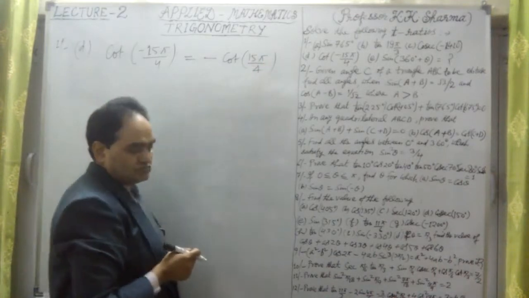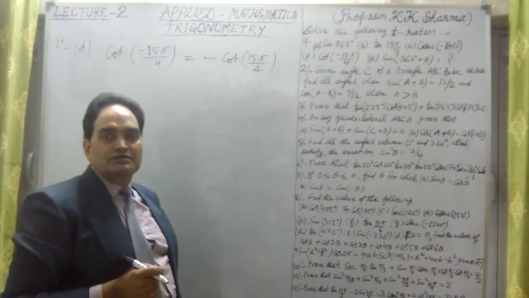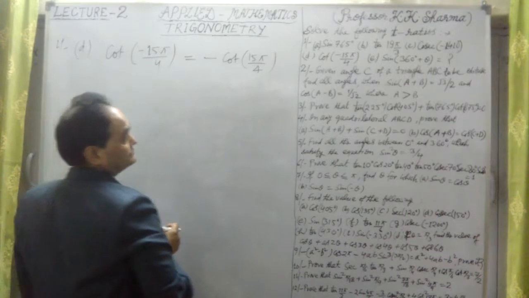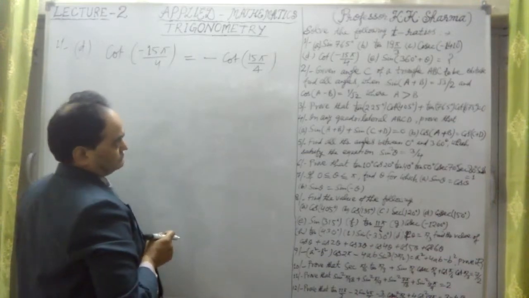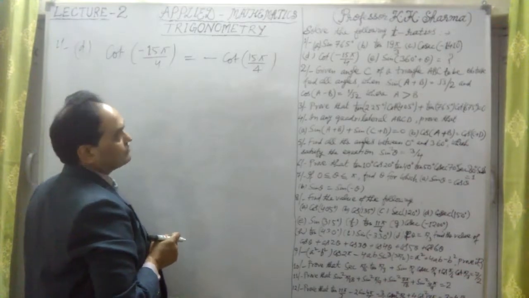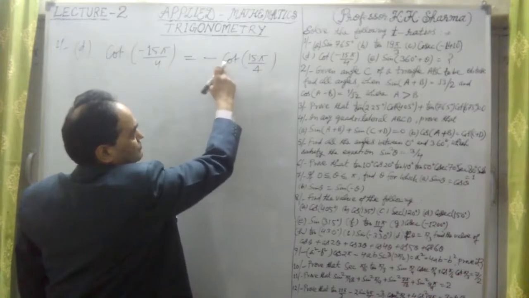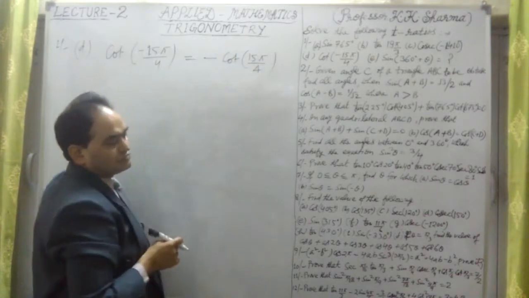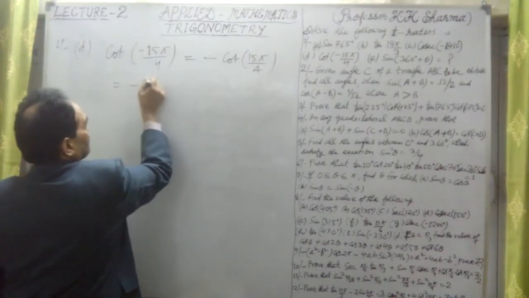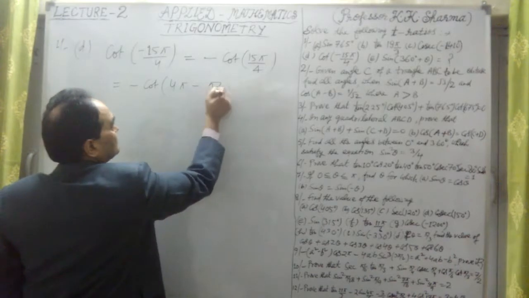Now 15 pi by 4, how can we write it down? We can write it as minus cot of 4 pi minus pi by 4.